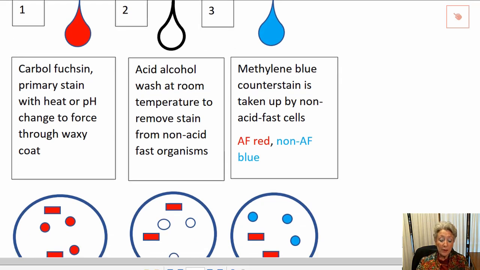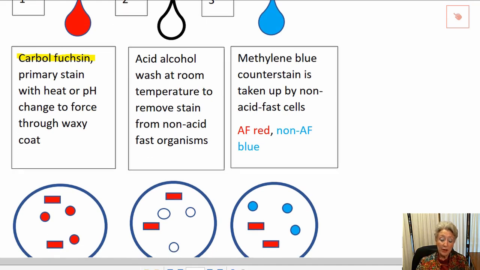So my first step is to apply a very bright red stain, carbolfuchsin, either with heat or pH change, and that forces that pink or bright red color through the waxy coat of the organism. All of the remaining steps are now going to be performed at room temperature and normal pH.